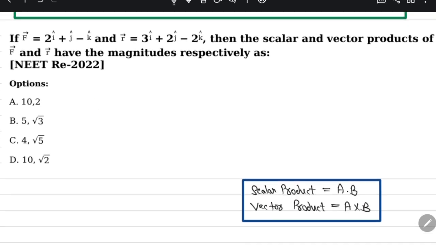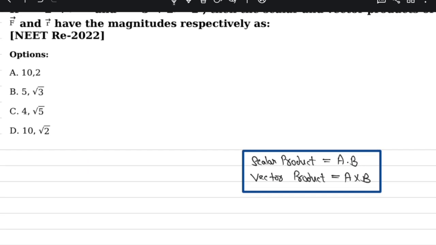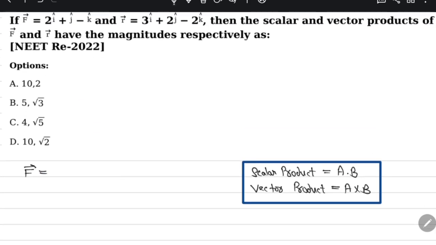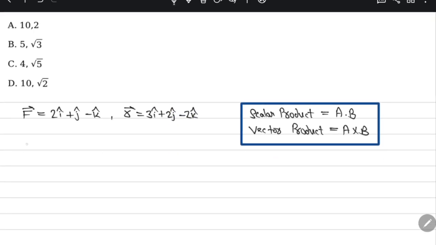So if F vector and R vector are there, then they are saying scalar product. So first I write F vector: they have given F vector as 2I cap plus J cap minus K cap. And R vector they have given as 3I cap plus 2J cap minus 2K cap.